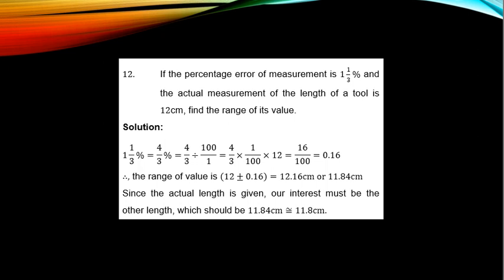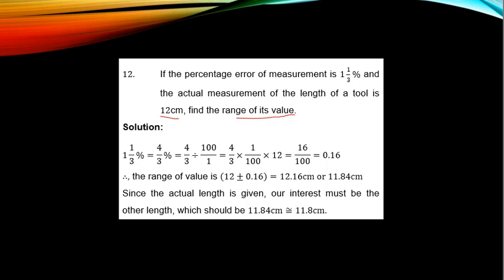Example 12. If the percentage error of measurement is 1 1/3%, and the actual measurement of the length of a tool is 12 centimeters, find the range of its value.